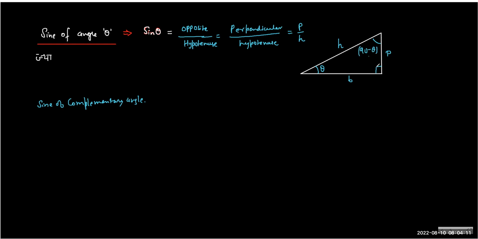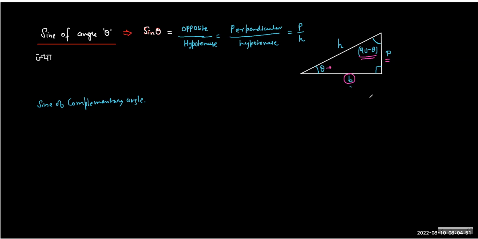If I choose this as the angle, then the perpendicular will change. Now B becomes the perpendicular, isn't it? If I choose this angle to define sine, for this angle the opposite is B, correct? What is the opposite to this angle? The opposite side is B. The opposite to theta was P, so the opposite to the complementary angle will be B.